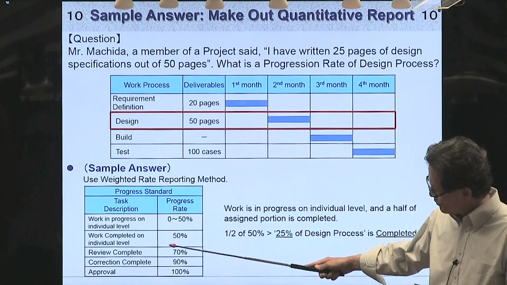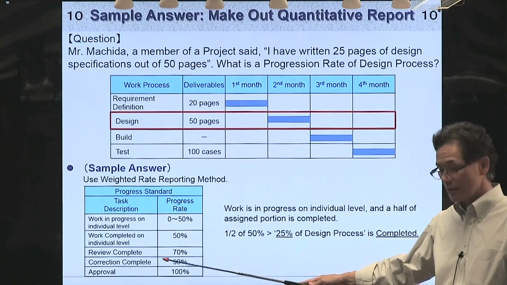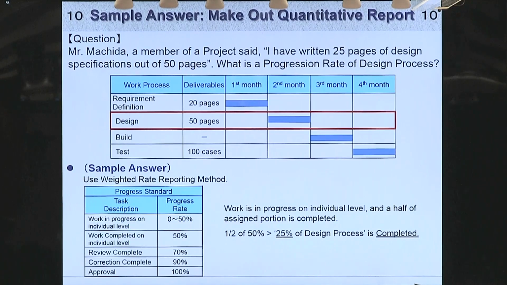Unless he moves up here, it's not 70. So it's less than you might think. 50 pages looks like nearly 50, but actual progress is much lower, 25.